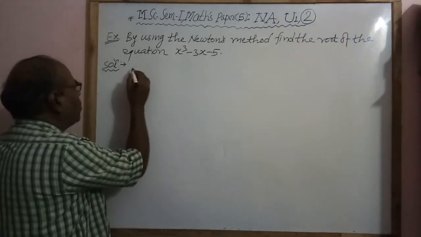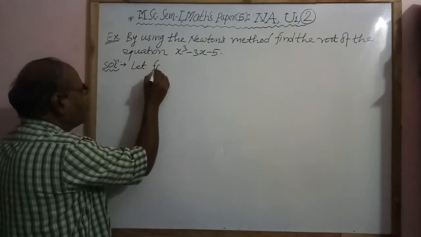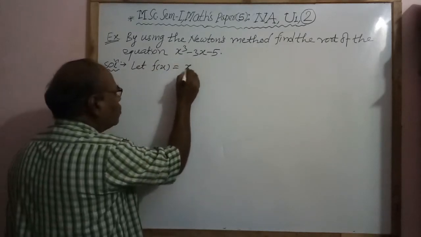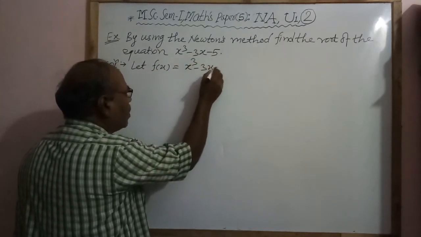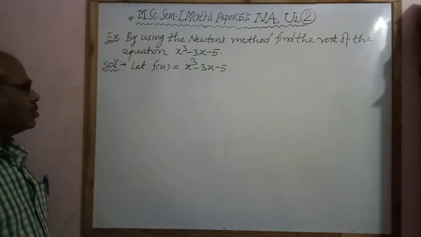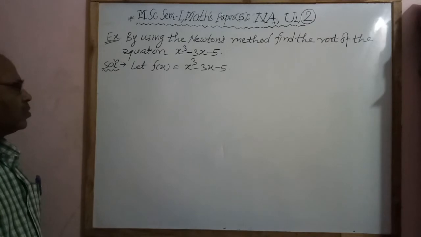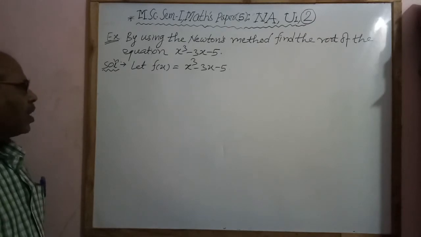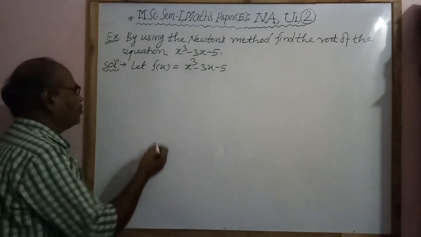Now here we consider f of x equal to x cube minus 3x minus 5. Now here we observe that the root lies between x equal to 2 and 3.